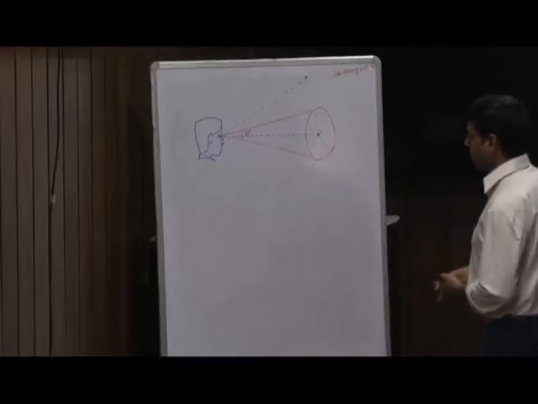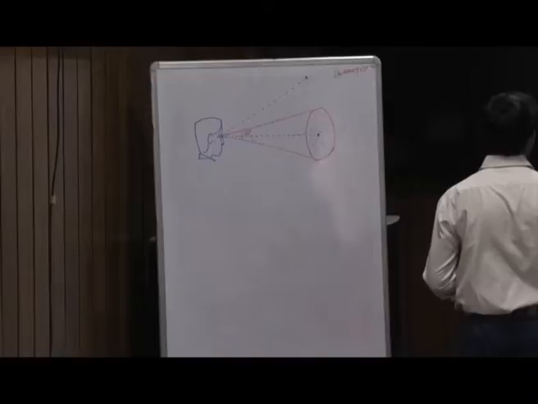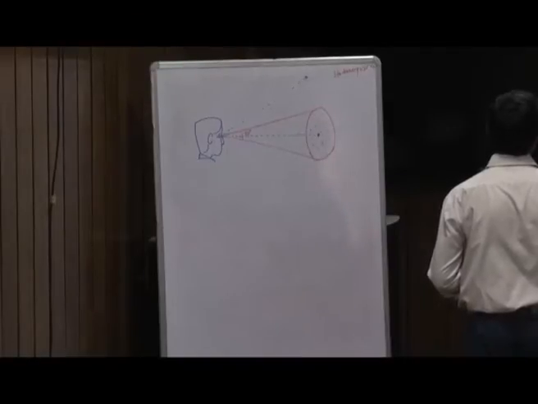Then 30 to 80 degrees, where there are eye movements, is called the eye field.